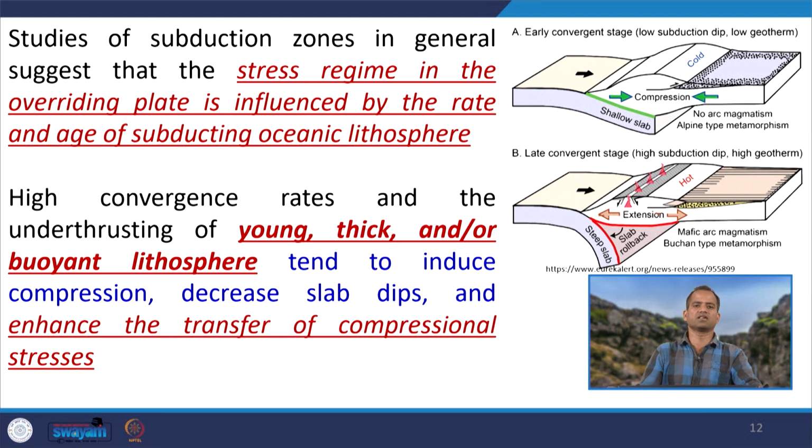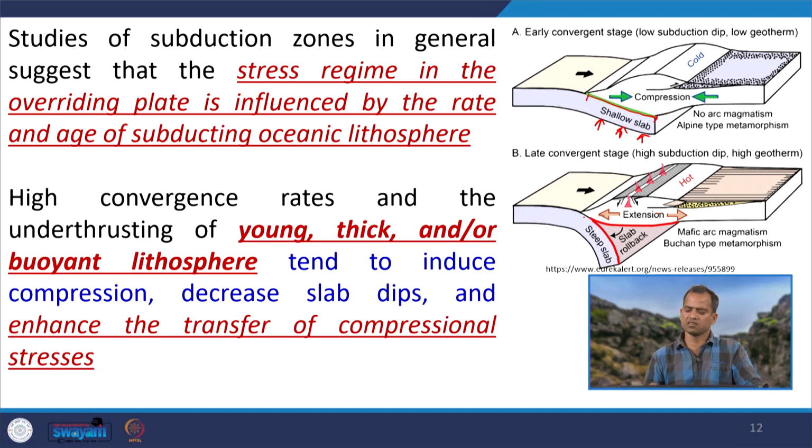As a result, it enhances the transfer of compressional stress from the underthrusting plate to the overriding plate. Because if it is buoyant and hot lithosphere, the buoyancy force is more, it is pushing it up. As a result, the degree of coupling is more here.